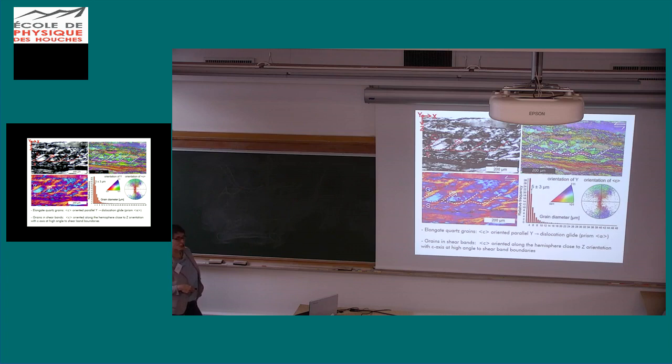The grains within the shear bands have a different crystallographic orientation. We see a large scatter though, but they are rather at the hemisphere. So that would point to a different deformation mechanism, a different history than our elongated quartz crystals, and maybe basal <a> glide.